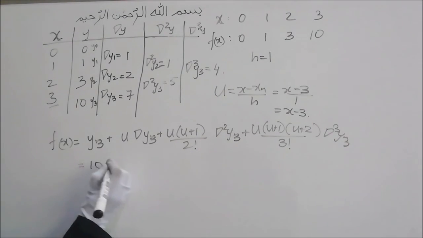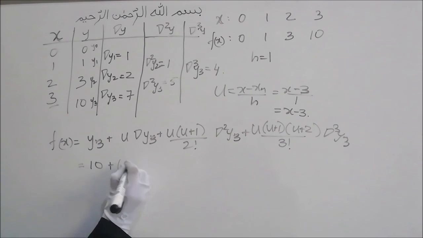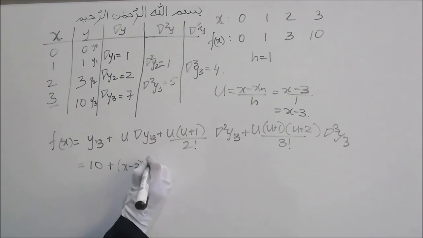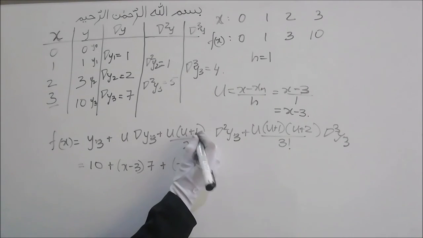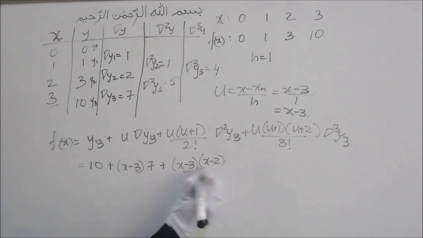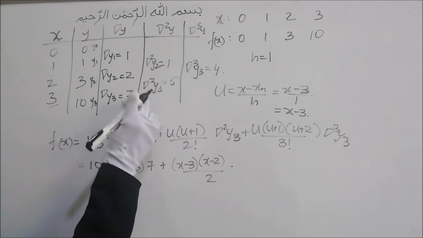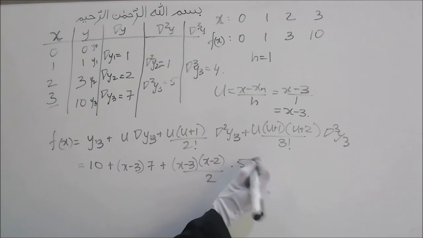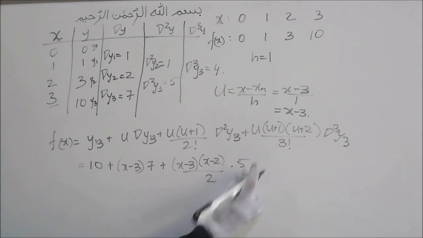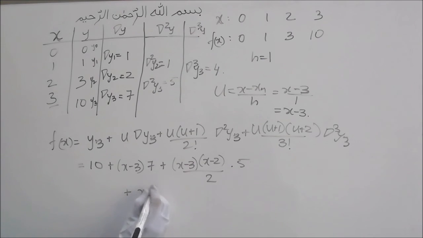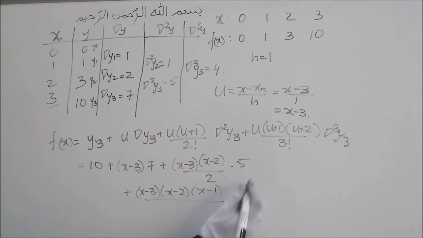So that will be 10 plus u, which is x minus 3, into del y3, which is 7, plus x minus 3 into x minus 3 plus 1, that is x minus 2, divided by 2, into del squared y3, which is 5, plus u into u plus 1 into u plus 2, that is x minus 3 into x minus 2 into x minus 1, divided by 3 into 2, into del cube y3, which is 4.